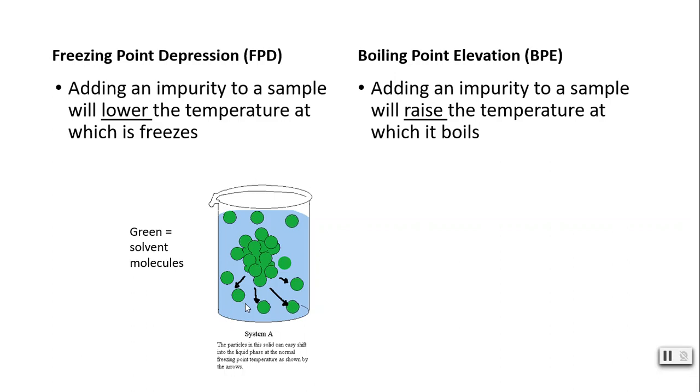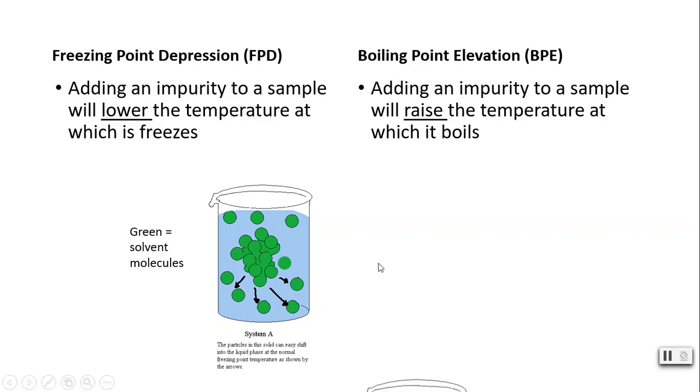It's easy to heat that sample up and to get it to boil. It's also easy for that sample to change states, to go between solid and liquid or between liquid and gas. So that's if you have a pure substance like acetic acid.